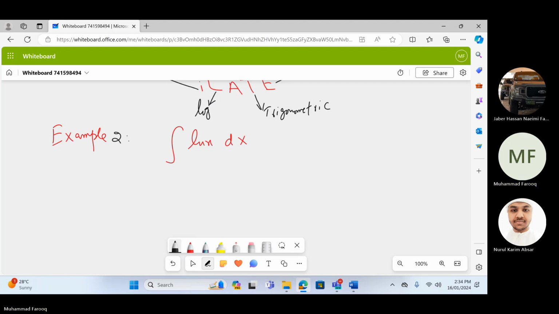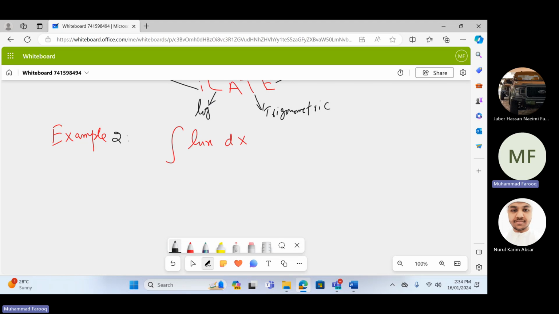Example. Now, as I told you, integration by parts now enables us to integrate ln x. But by parts needs two functions, and I have in my question only one, ln x. So how do I write this ln x? You break it down.